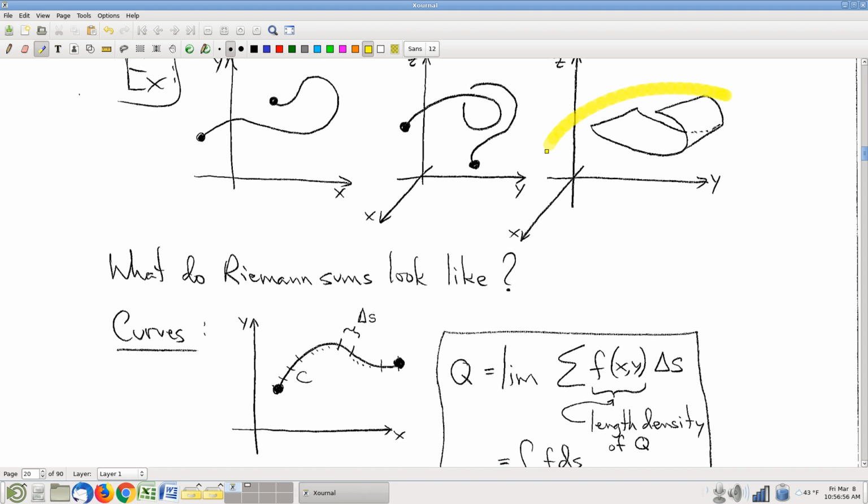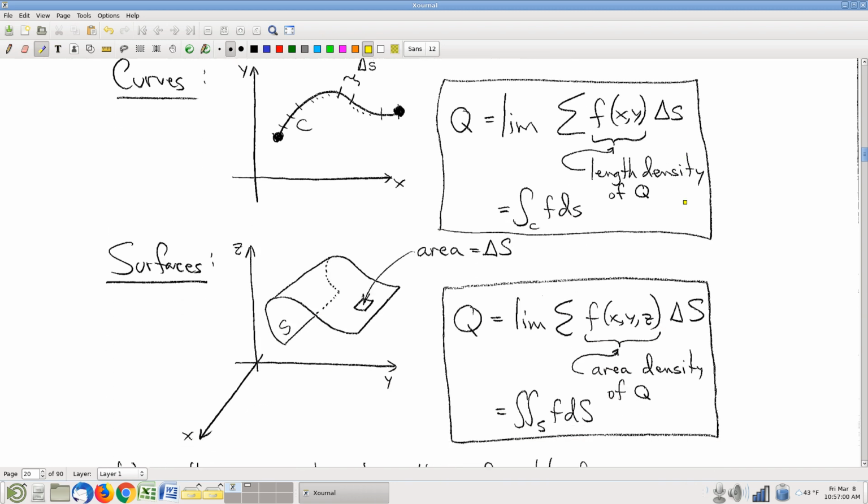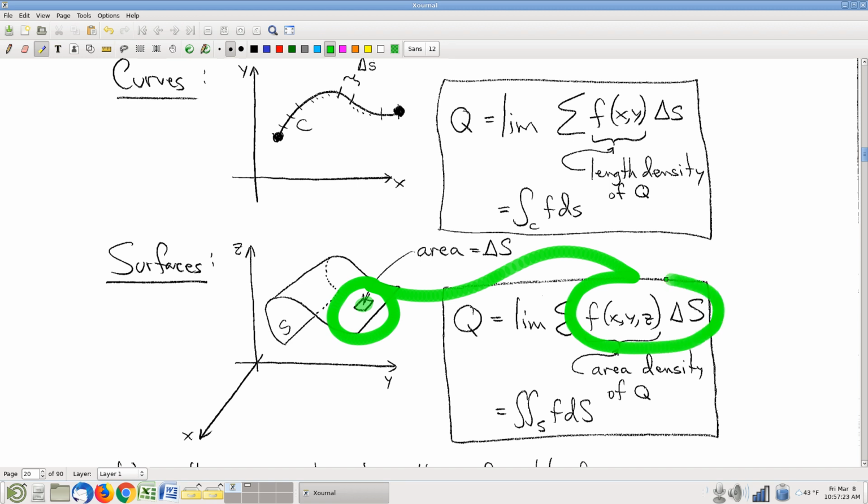Likewise, over here, if you're looking at a surface in space, if this represents some piece of mass, a bent sheet of alloy metal of some sort, whose makeup changes over location, and you want to compute the total mass, well, on each little piece, how much mass is there inside of there?